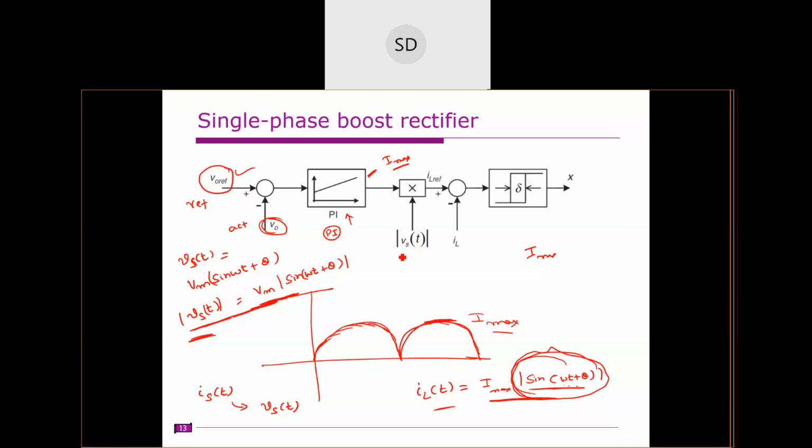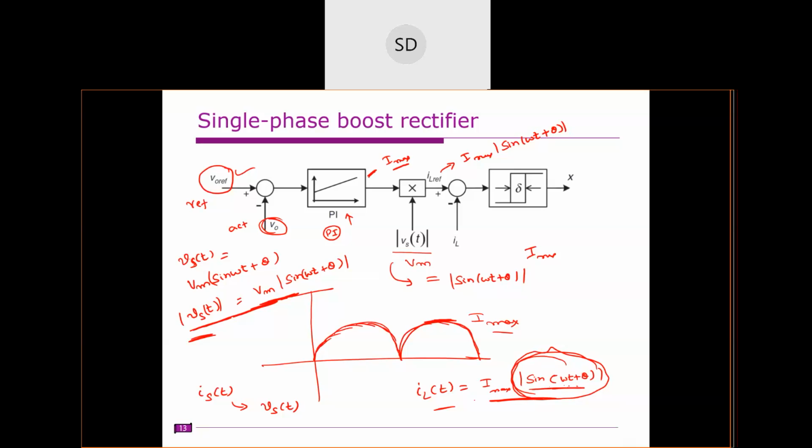We take the source voltage divided by its peak value, so we get mod sine omega t plus theta with this expression. Multiplying by I maximum gives I maximum sine omega t plus theta. That is the expected current through the inductor.